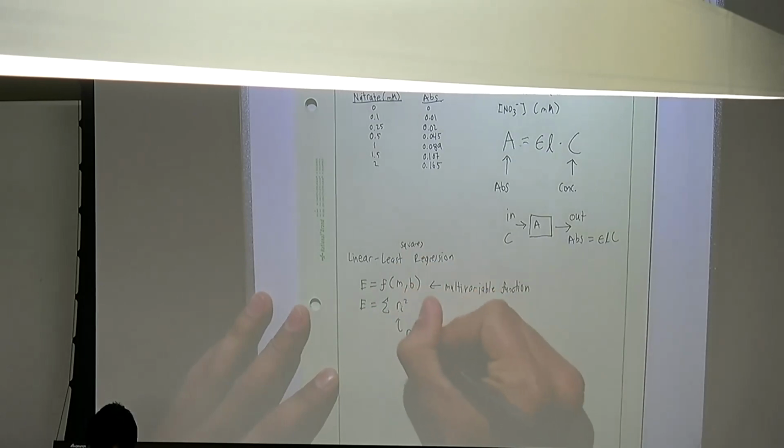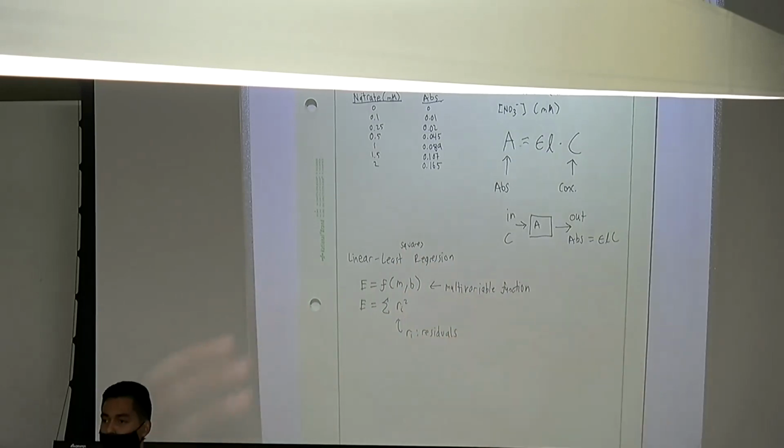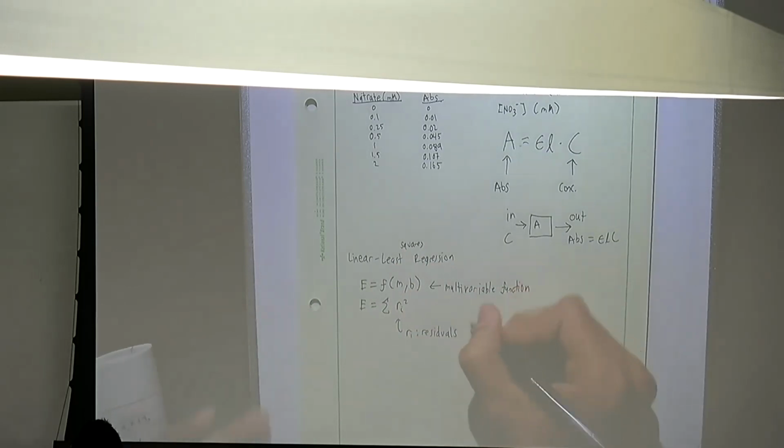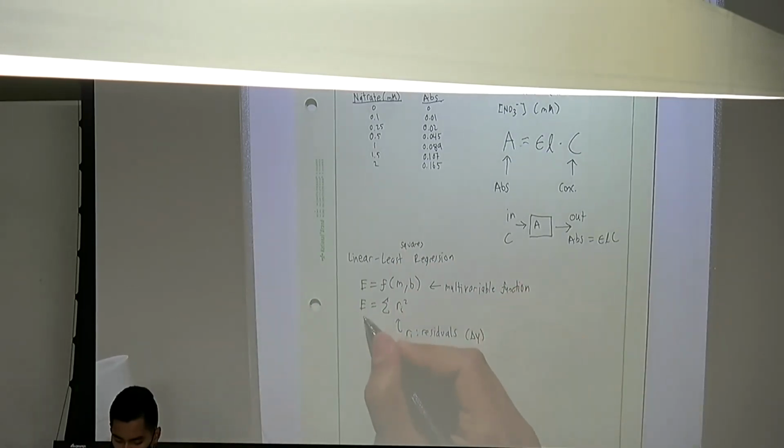So Ri is the residuals. So what is a residual? Just think of residual as like your delta y. And we want to minimize this function.